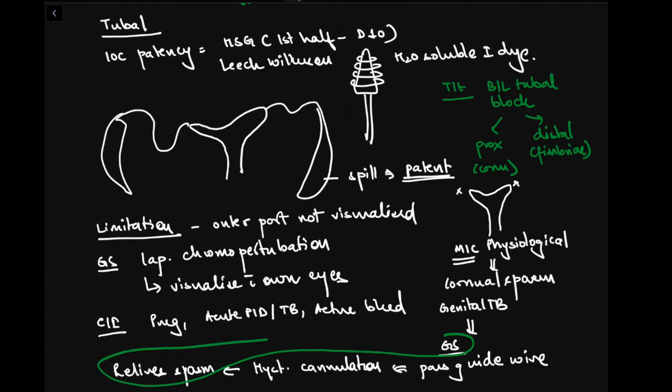Right. So, laparoscopic chromopertubation with hysteroscopic cannulation will be the next step if we see proximal block. While the best management would be IVF. This is very important. Next management and best management.